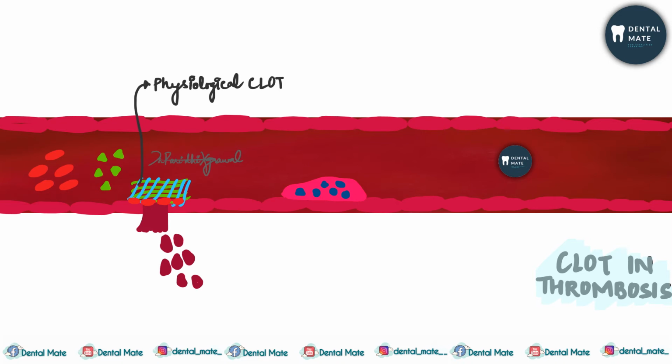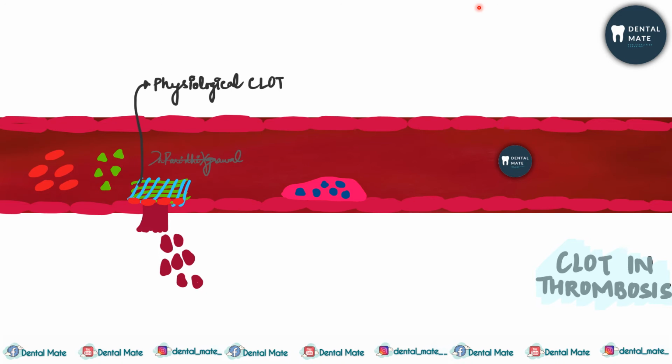Whereas in conditions such as thrombosis, there is an undamaged blood vessel. Can you appreciate here? We have an undamaged blood vessel forming a clot which is rich in lipids and other mediators. This is present in the intima of the blood vessel and is called a thrombus.